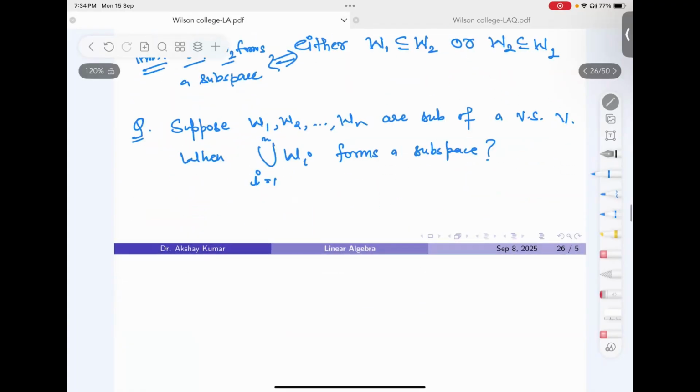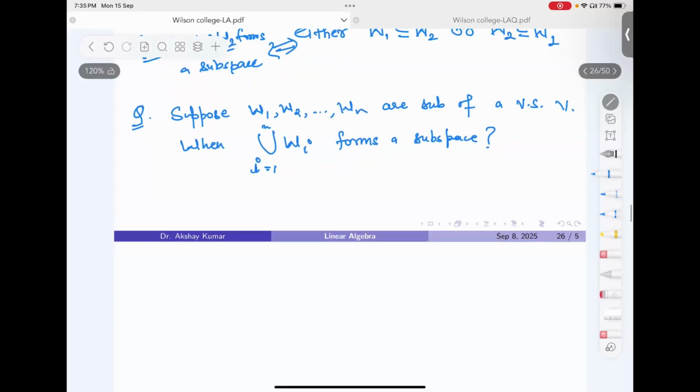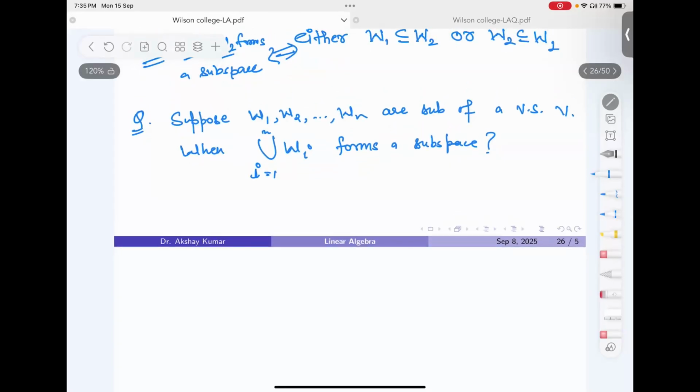Do you know when this union will be a subspace? From the audience, do you know when it will form a subspace?